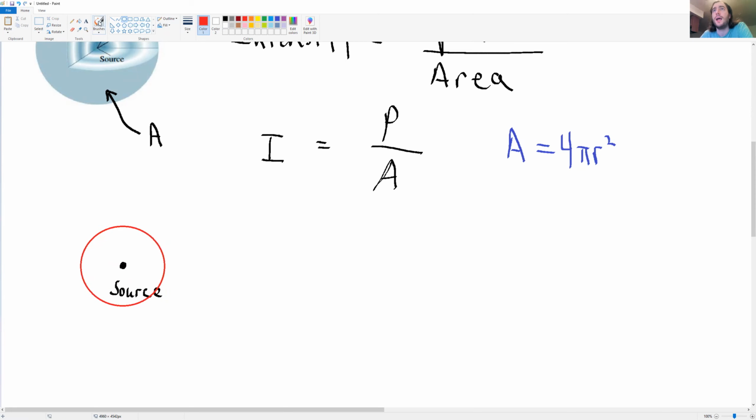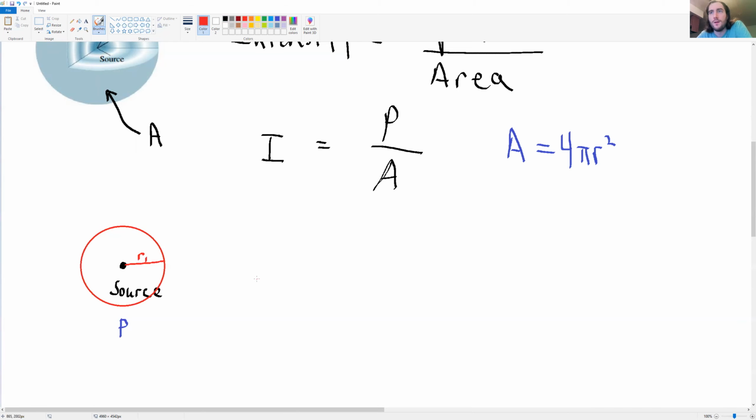Okay. And this source has a certain power rating, let's say it's just P, some number of watts, maybe 1 or 2 watts. That power is distributed over a spherical surface at a distance r1.